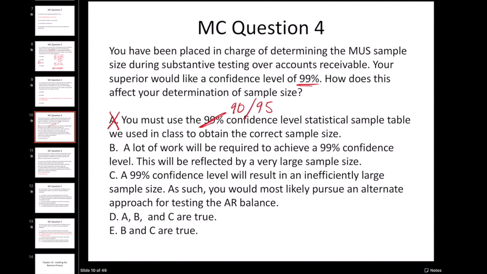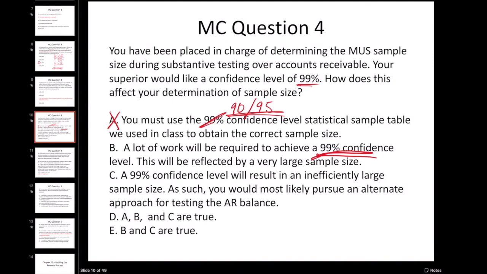B, a lot of work will be required to achieve 99% confidence. This will be reflected by a very large sample size. Yes, that's true. And that is why we didn't have in class a 99% sample table, right? We only had 90 and 95 because 99 requires such large sample sizes that they're generally considered inefficiently large, and it's so much work that you generally wouldn't even want to sample.